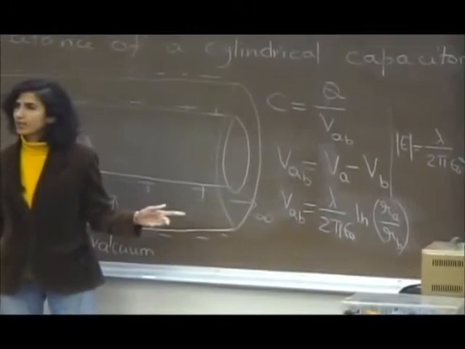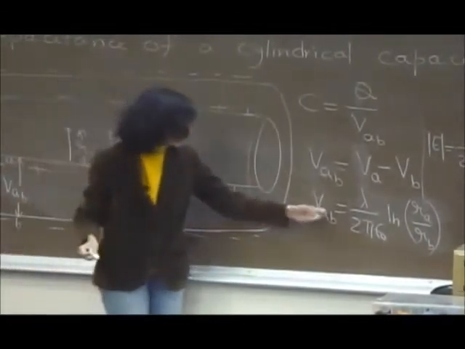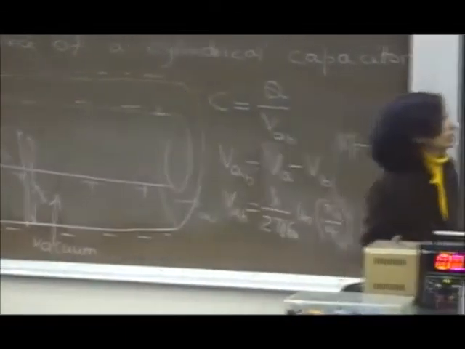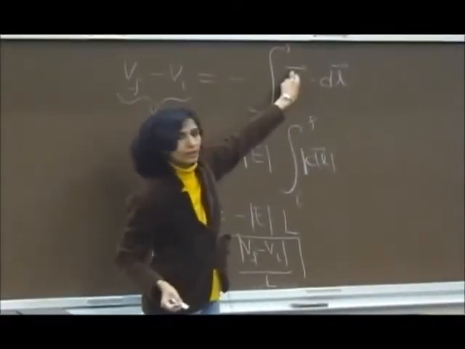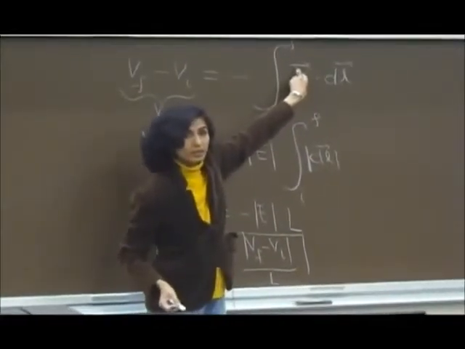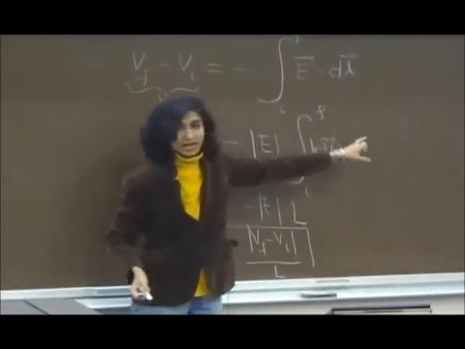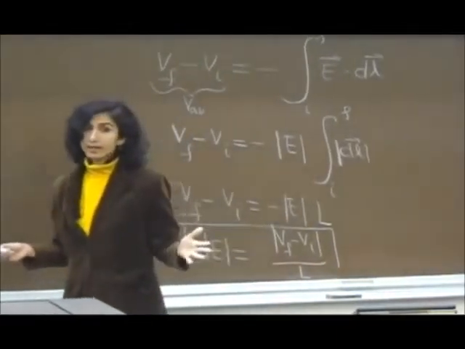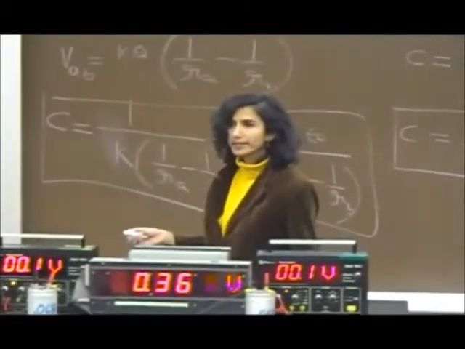Does that make sense how we got this? Because we are trying to find potential difference, not electric field. So you have to put the electric field here, and it will become dr divided by r, which is natural log of r, and when you put the upper and lower limits, this is what you'll get, right?